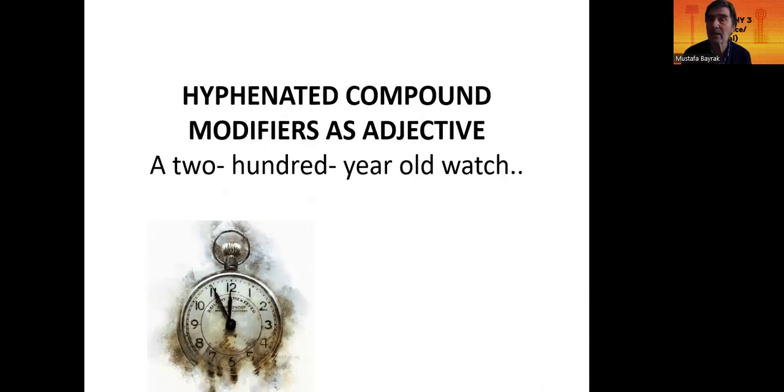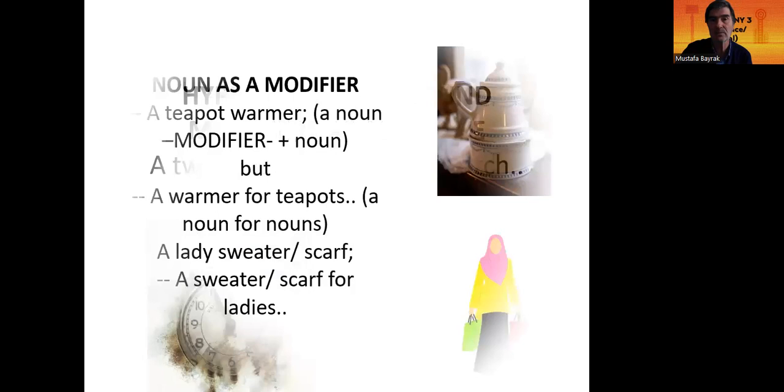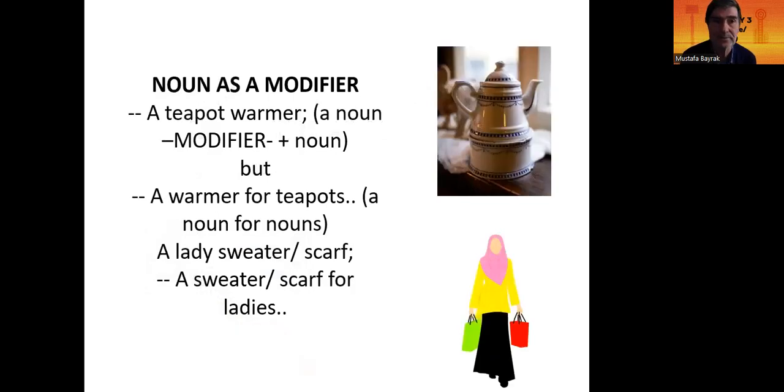A 2-day holiday, a 2-month holiday, a 200-year, not years, a 200-year-old watch. A noun is a modifier, a teapot. A noun modifies another noun, just like an adjective. A teapot warmer.